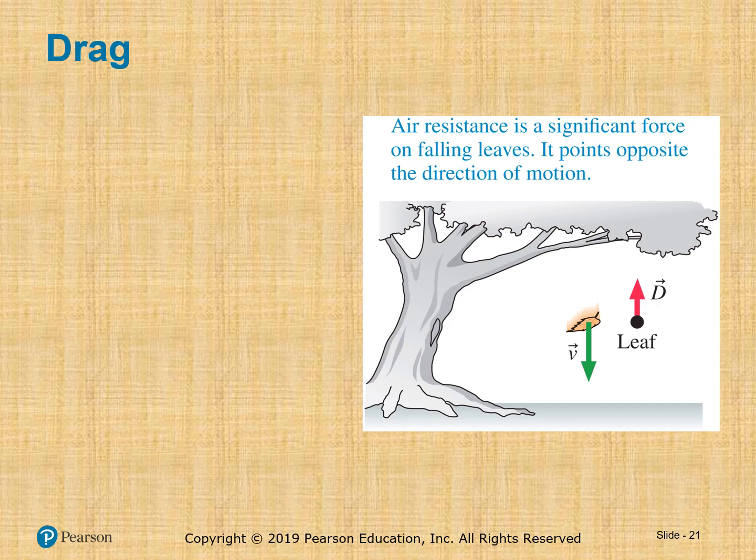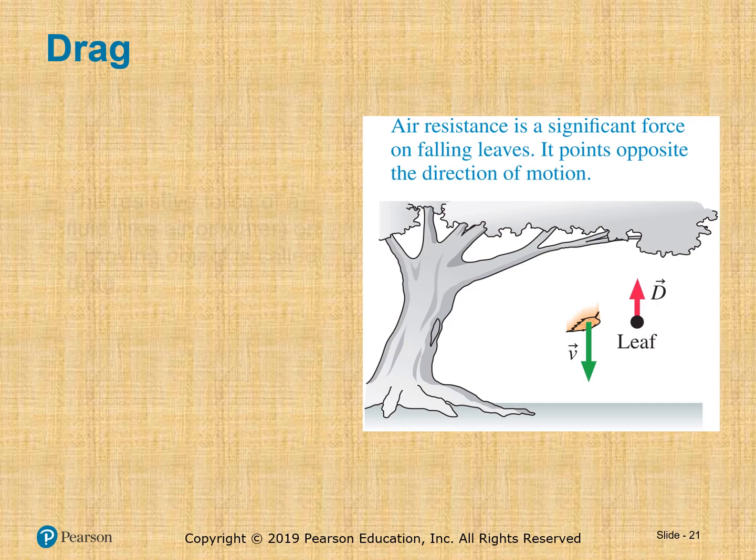Drag and thrust. What is drag? Air resistance is basically a significant force on falling leaves. As you watch a leaf falling from a tree, you'll see that it kind of falls slowly. It may move a different direction. That's because the different molecules in the air are pushing upward on that leaf. So drag is kind of like friction, and it's moving in the opposite direction that the object is moving.